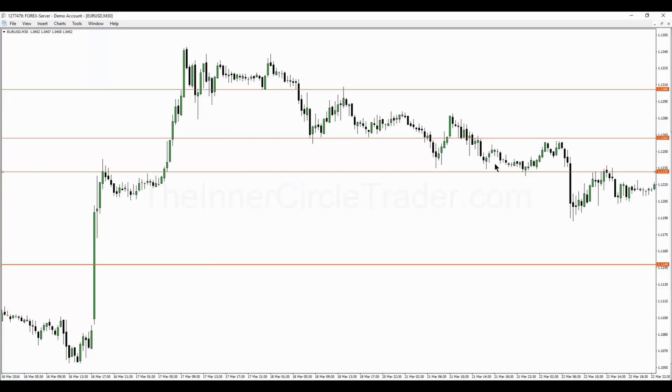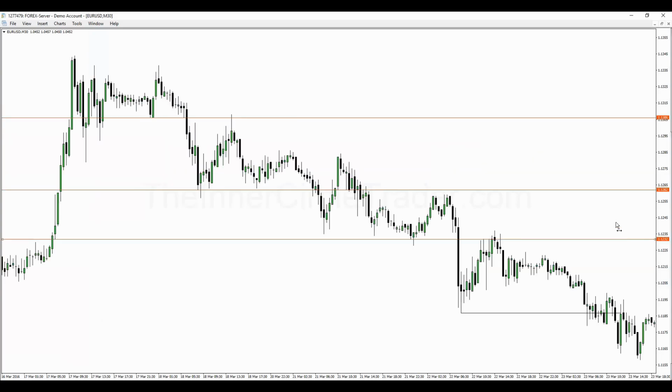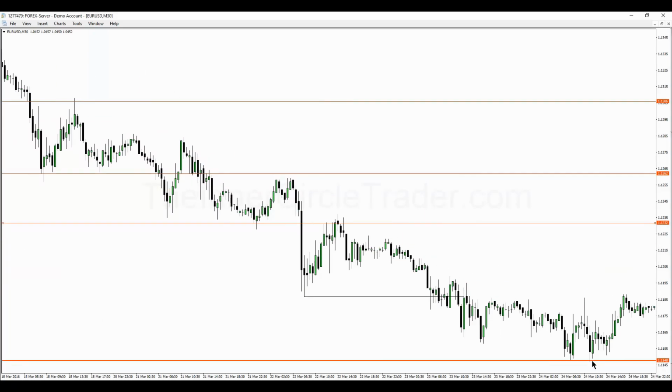Price trades lower, violates, a very convincing break down here. Last down candle, the low, trades up. Now again, notice the body of the candle is not violated. This is a hallmark characteristic of a mitigation block. Price trades up into it. We're expecting prices below this low now, and then ultimately reaches down into our mean threshold of the liquidity void.